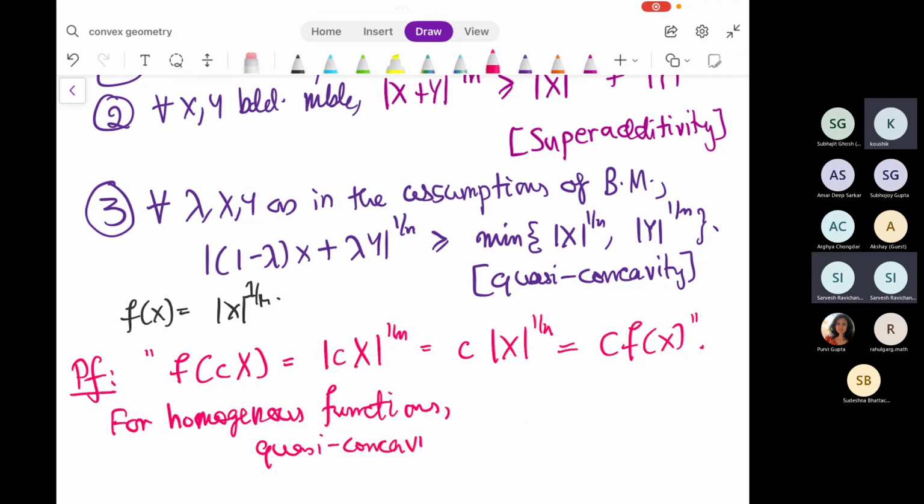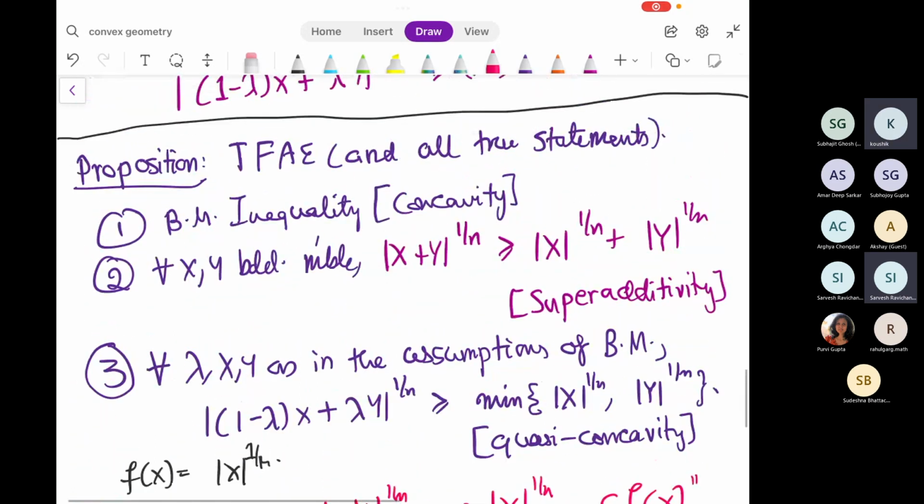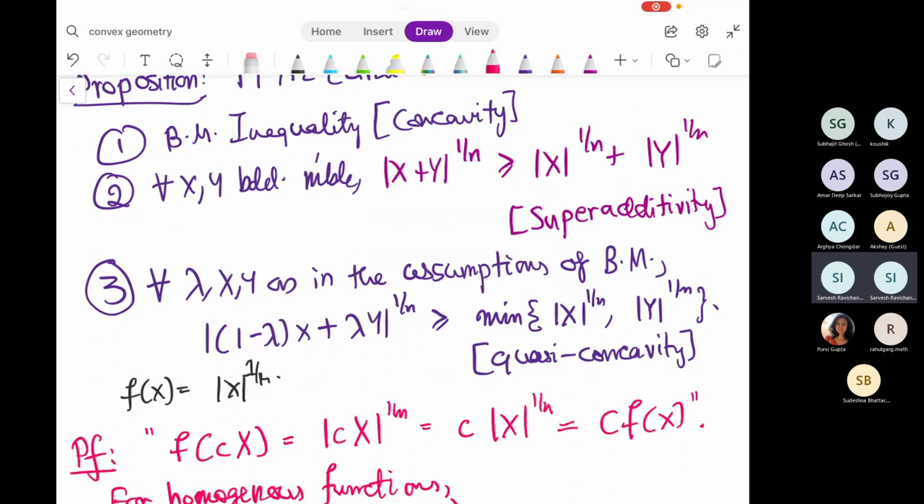Sarvesh, are you missing any lambda in the third point somewhere? That minimum of, is that... No, actually the lambda is not being missed anywhere. So the question is the following: am I missing a lambda anywhere in the definition of quasi-concavity? The answer is no, because quasi-concavity precisely means that in the middle, all the values that are taken are greater than or equal to the values at the endpoints.